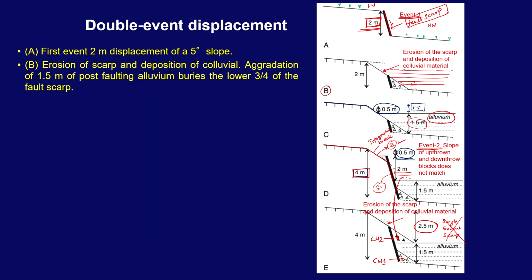Of course, at first instance you may be okay with this because you see a single slope, there is no break in the slope, but at the same time you see another important point which one has to keep in mind. So, this could be one of the interpretations you can have, that is a single event scarp.